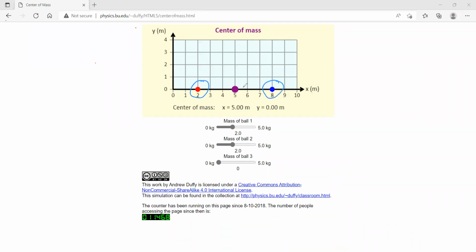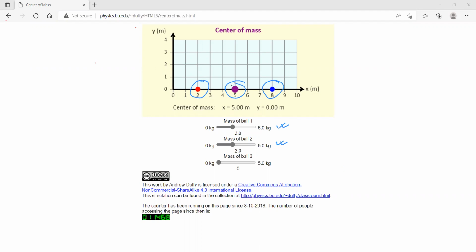If we have something like this, this is the center of mass. Now it's easy when the mass of red and the mass of blue are the same. For example, here you see that their masses are the same. So when their masses are the same, the center of mass will be at the middle of these two objects.